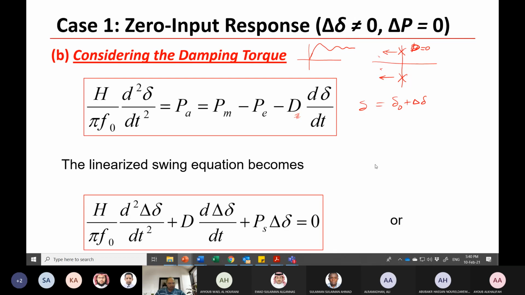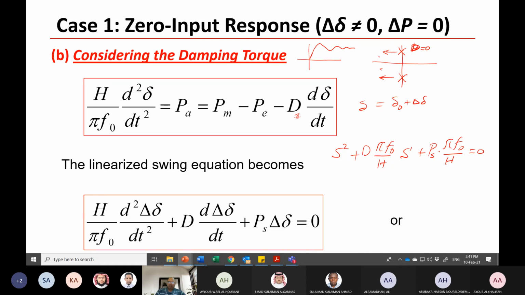You can take the Laplace transform, and then multiply by f0 over H, so it becomes s square plus D multiplied by f0 over H times s, since d by dt becomes s, plus Ps multiplied by pi f0 over H equal to 0.